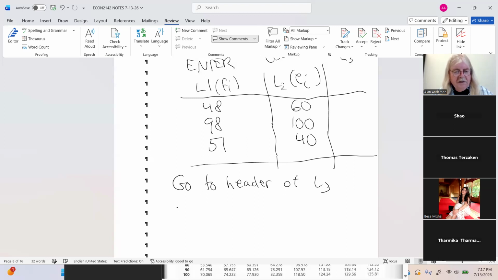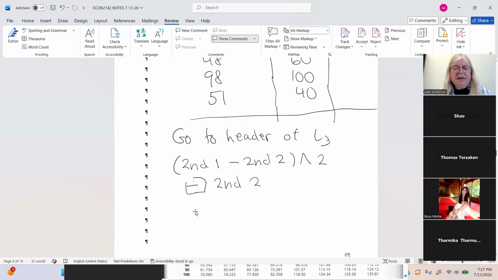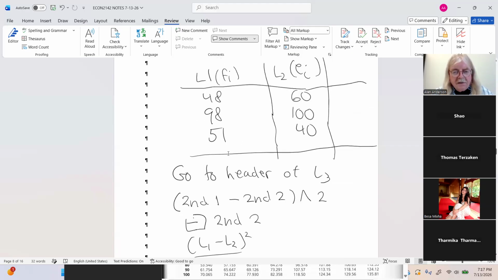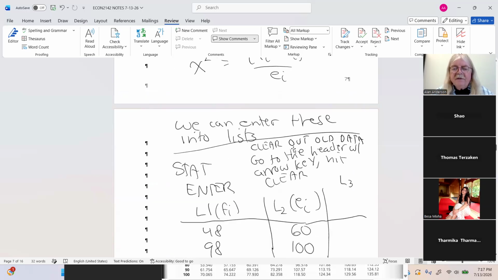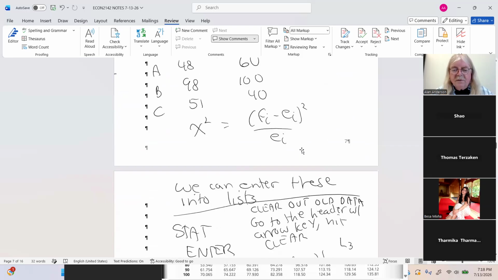You're going to type open parentheses, second one minus second two, close, squared, divided by second two, which is the same thing as saying, in other words, list one is F, list two is E. So instead of F and E, we have list one and list two.